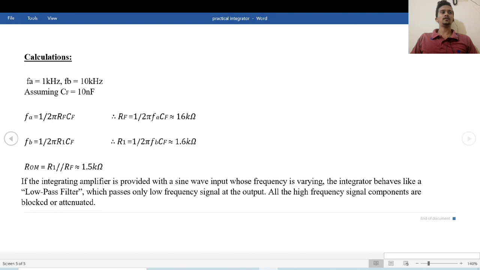So RF becomes 16 kilo ohms, and FB is equal to 1 by 2 pi R1 into CF. So our R1 becomes 1.6 kilo ohm. We also require a ROM, which is the parallel combination of R1 and RF. So it is 1.5 kilo ohm.